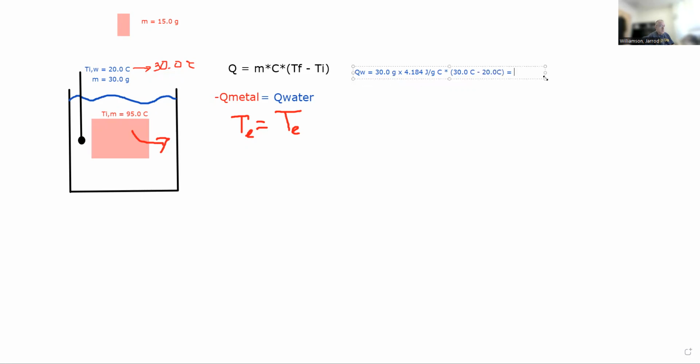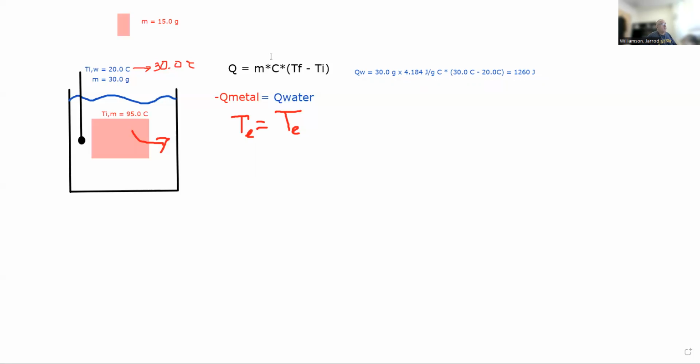So 30 minus 20 is going to be 10, times 4.184, times 30. And I'm going to get here 1260 joules, with basically the correct number of sig figs. That's the amount of heat that the water absorbed.